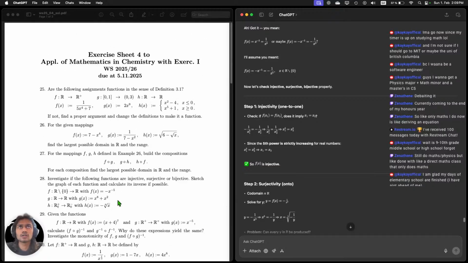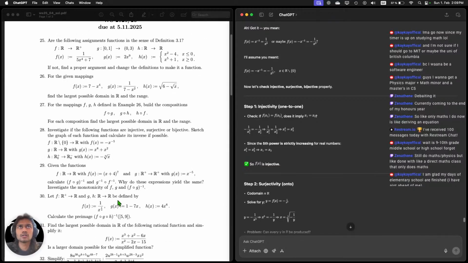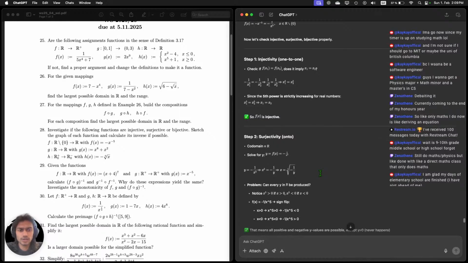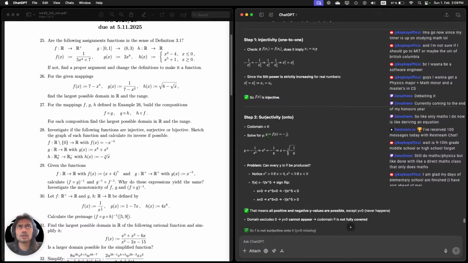Injective, okay. That's how you check. Surjective onto codomain R, y equals f of x equals, okay. X is equal to root 5 minus 1 by y.